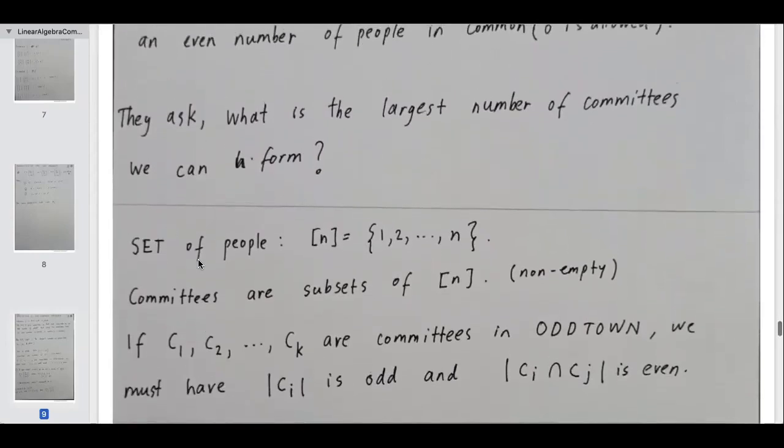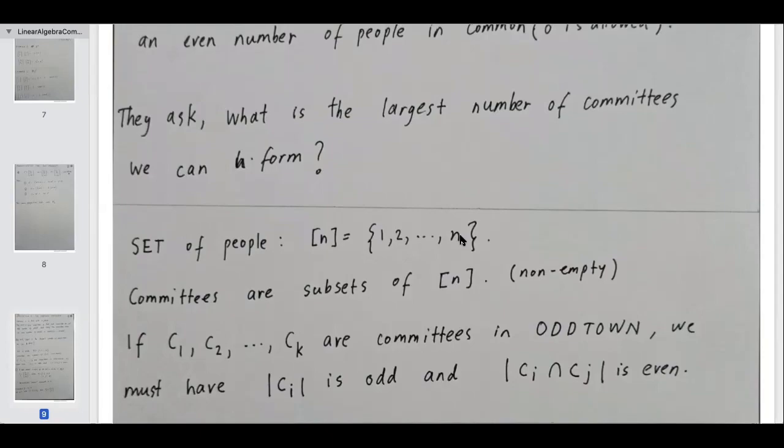The set of people, we will write as the set with brackets, 1 to n. So 1 is person 1, 2 is person 2, n is person n. And now committees are just subsets of 1 to n. And non-empty. So let us say we don't allow empty committees.